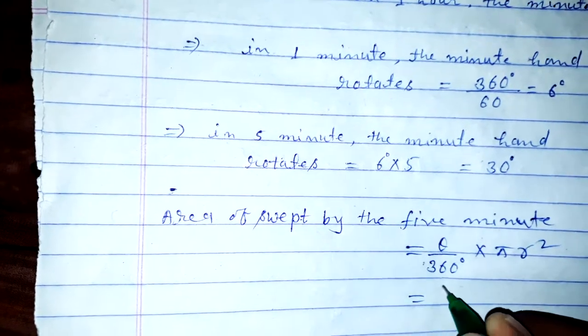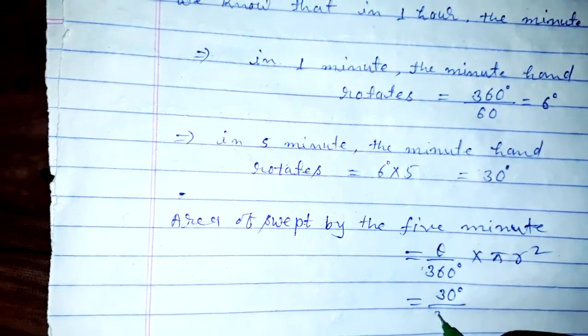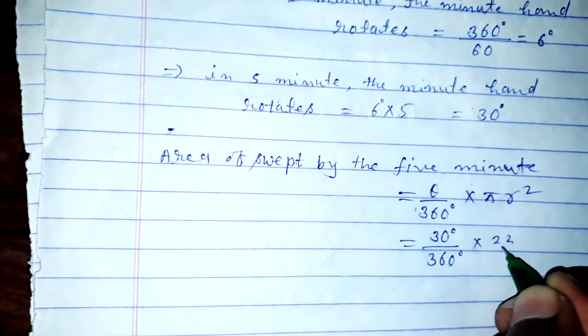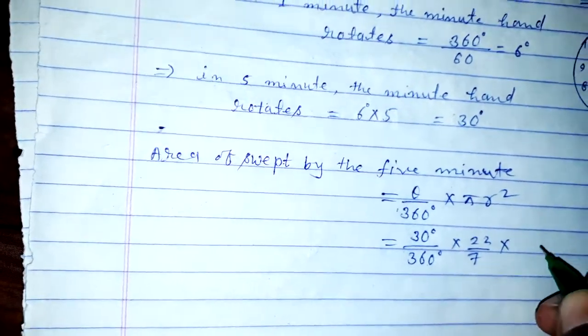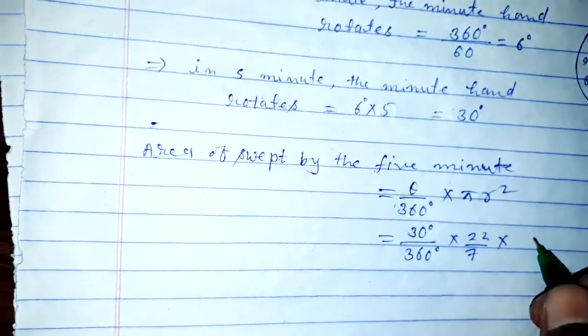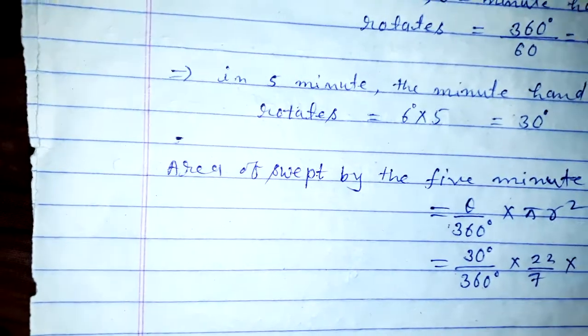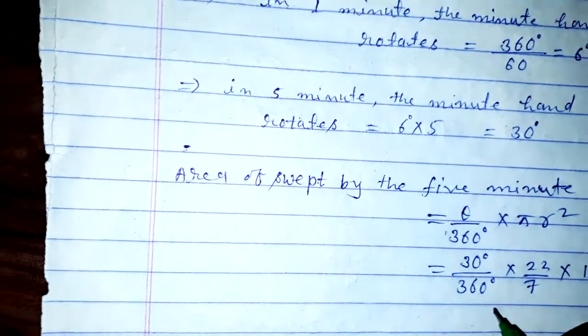So theta is 30 degree upon 360 degree, into pi is 22 upon 7, and radius is 14 into 14.